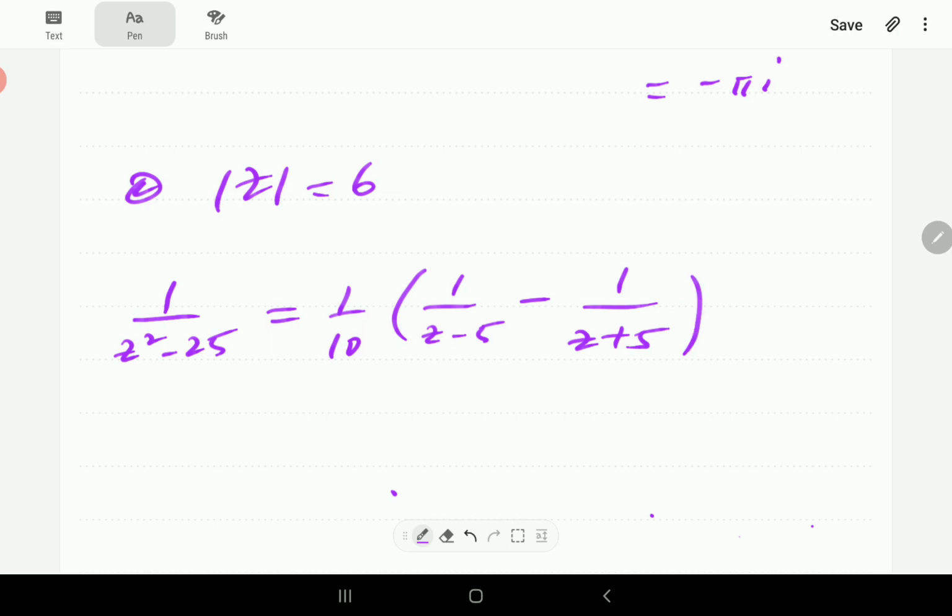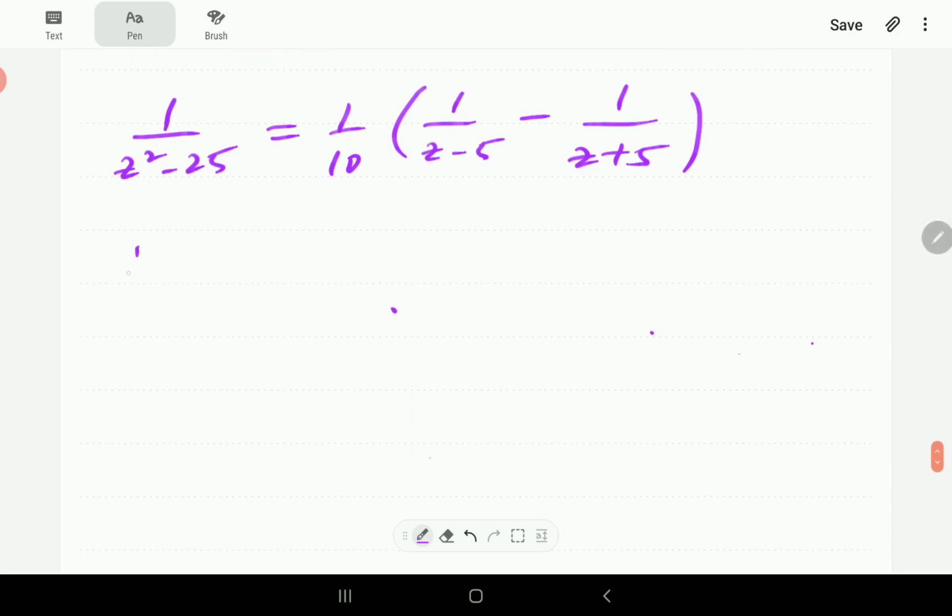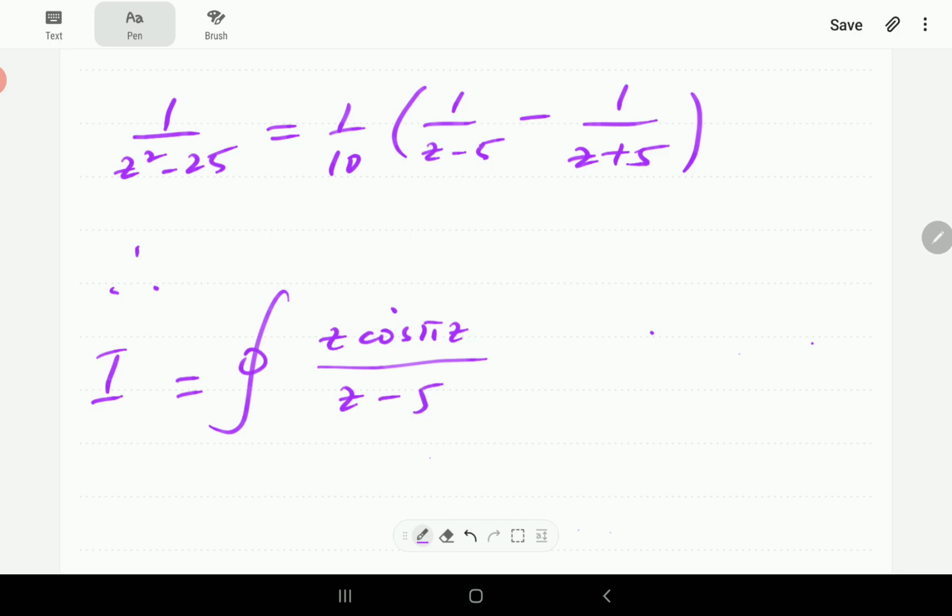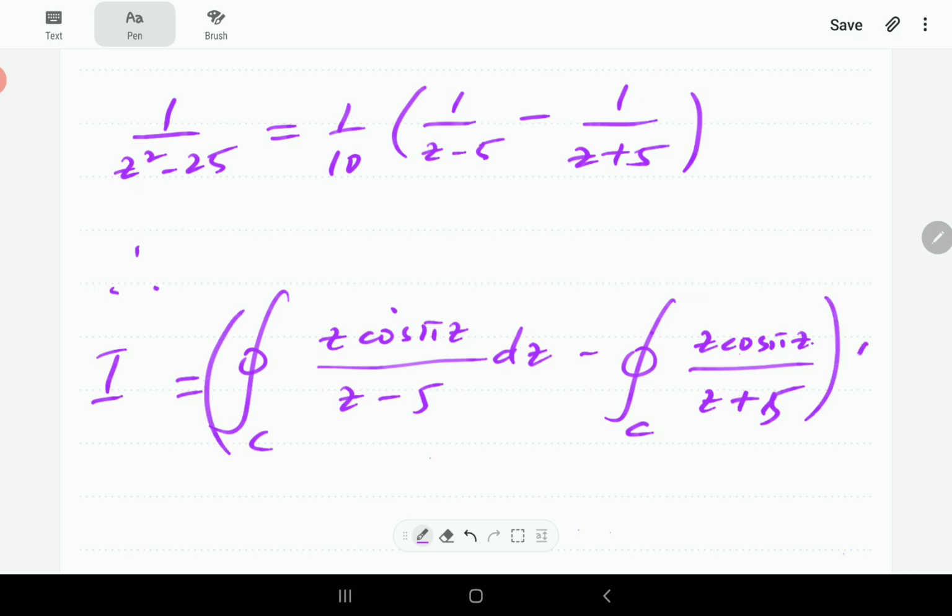Okay, therefore our integral we can write as the integral of z cosine pi z divided by z minus 5 dz, minus the integral of z cosine pi z over z plus 5, and this is all times 1 over 10.